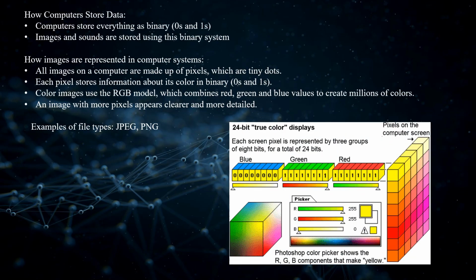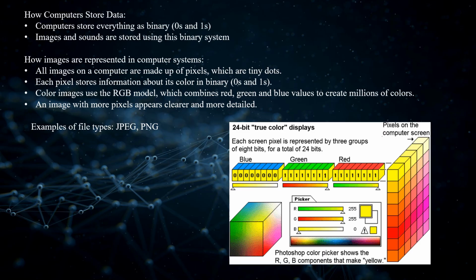Now we'll look at how computers store and represent images. Computers store all data as zeros and ones. So even images are converted into numbers. Images are made of tiny dots called pixels, and each pixel has color information stored in a numerical form.